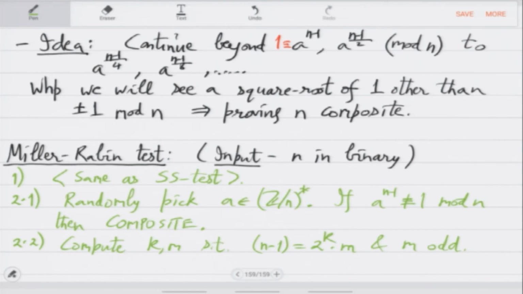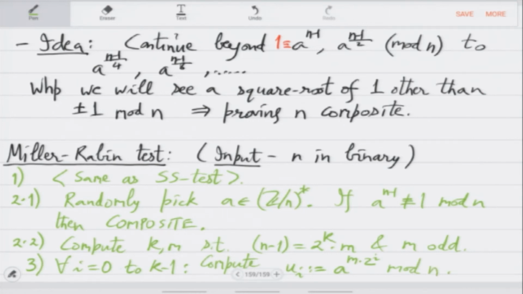then you compute the so called square roots. So for all i from 0 to k minus 1, compute these square roots: a raised to m times 2 raised to i mod n.